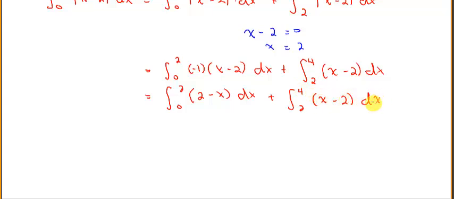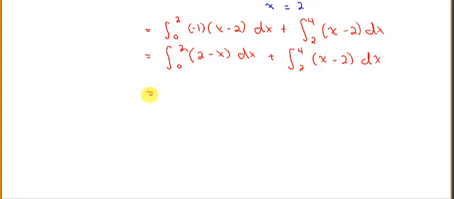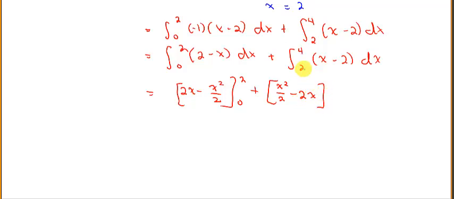Now notice we have integrals without the absolute value that we can calculate using the fundamental theorem of calculus. So first of all, antiderivative, 2x minus x squared over 2 from 0 to 2 plus x squared over 2 minus 2x from 2 to 4.